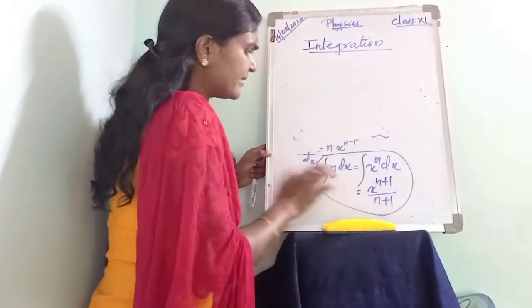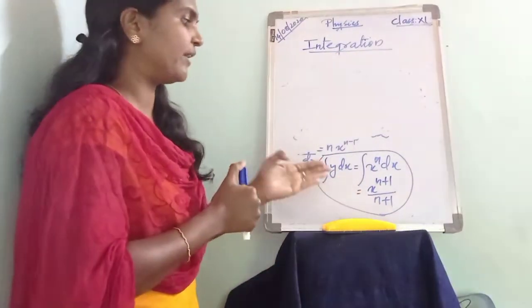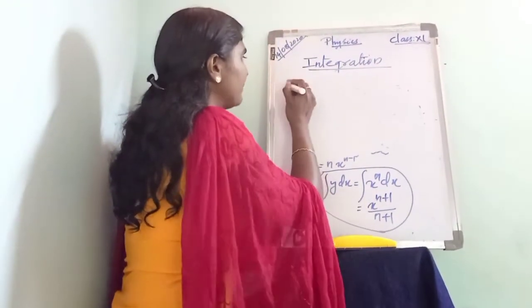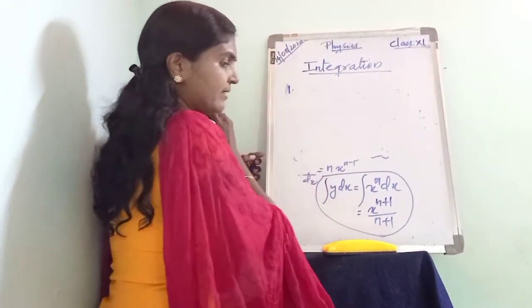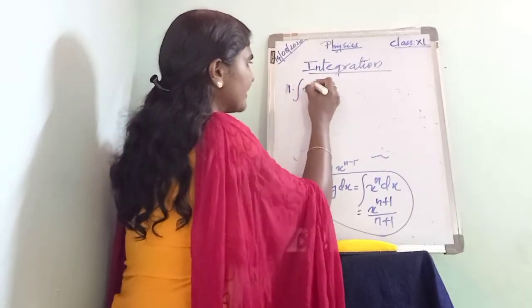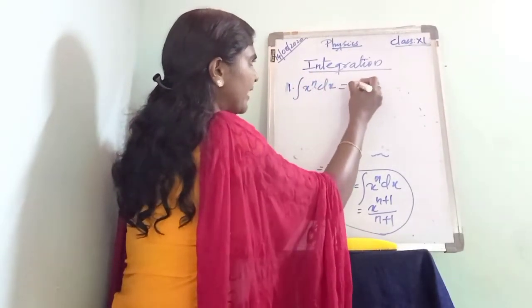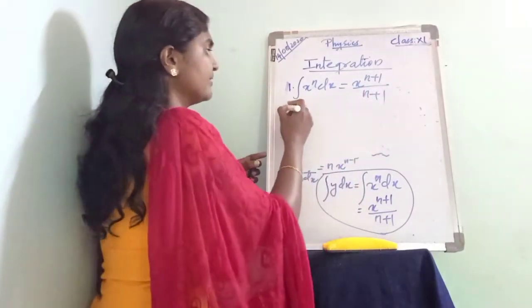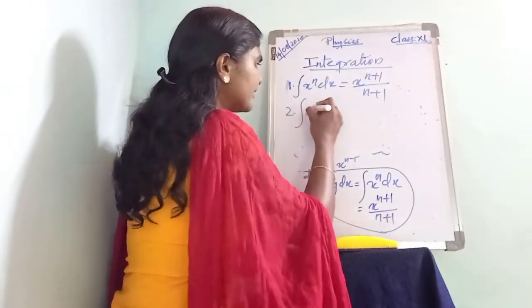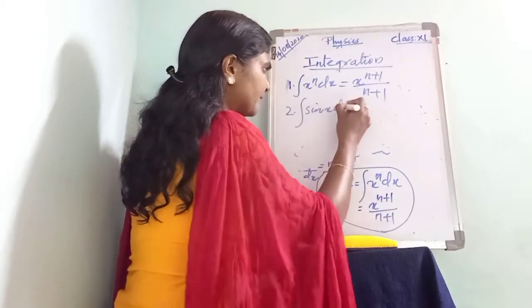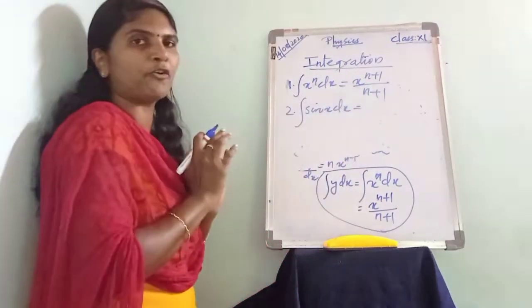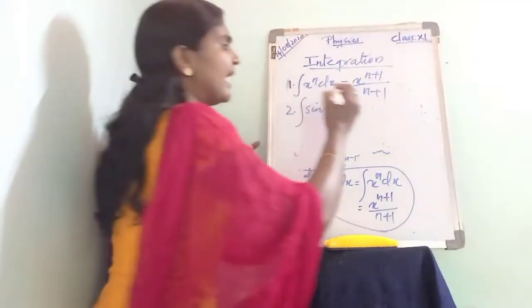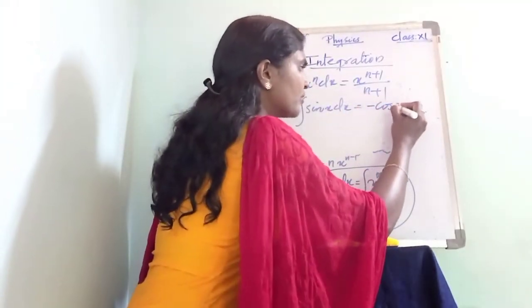This is the first formula that we use in integration, and the next formulas you have to remember are these. First, integral of x raised to n dx equals x raised to n plus 1 divided by n plus 1. Second is integral of sin x dx, a standard formula, and its value is minus cos x.